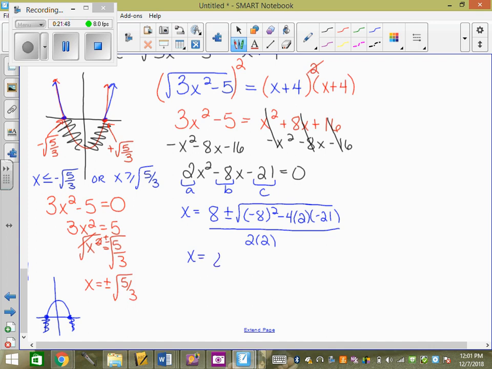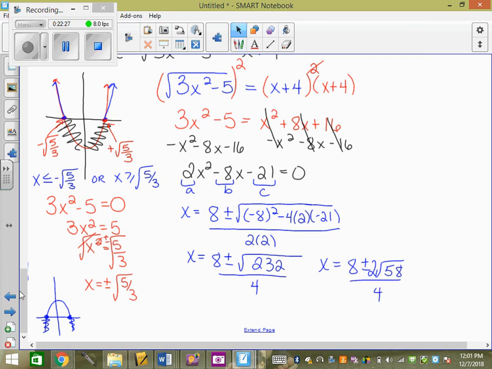X equals 8, plus or minus the square root of a large number. 64 plus 232, over 4. 232 can break down, so we get 8 plus or minus root 58 over 4.